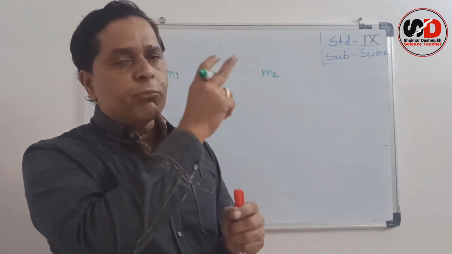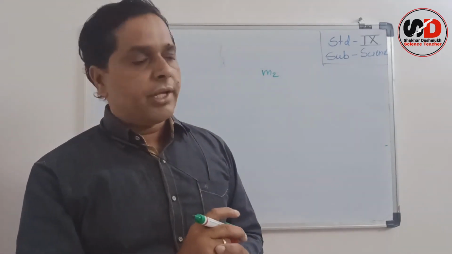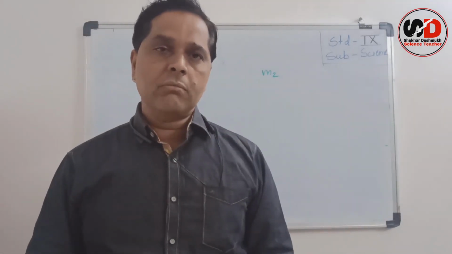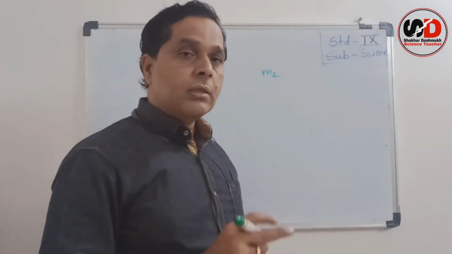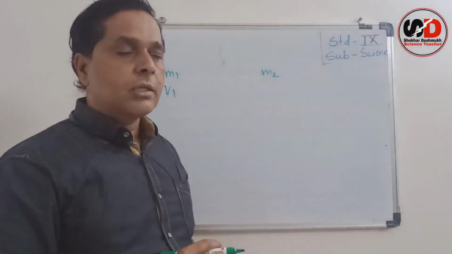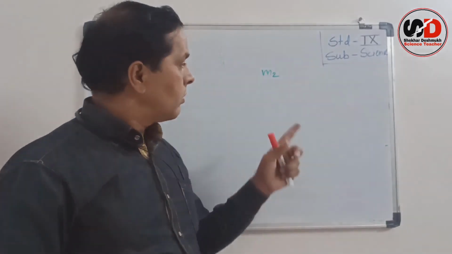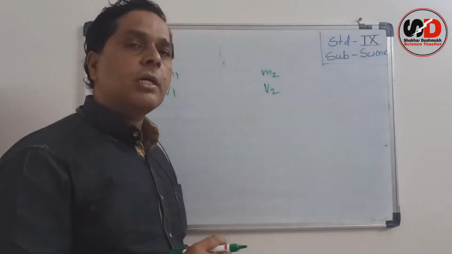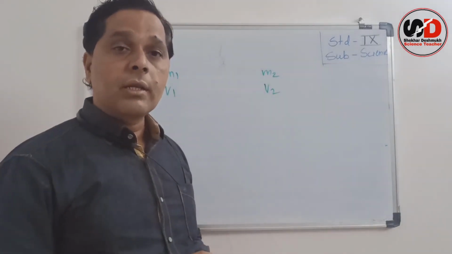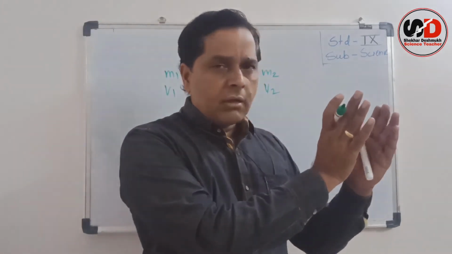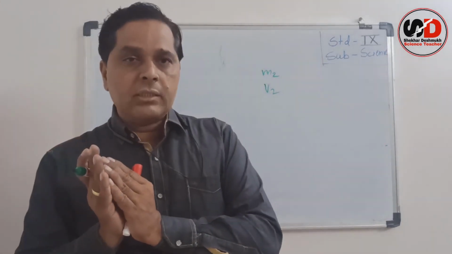If we fire the bullet from the gun, definitely the bullet goes with very high speed. That means, suppose v1 be the velocity of the bullet whenever we fire it, v2 be the velocity of the gun, as gun is very heavier, but the gun, it comes in backward direction.